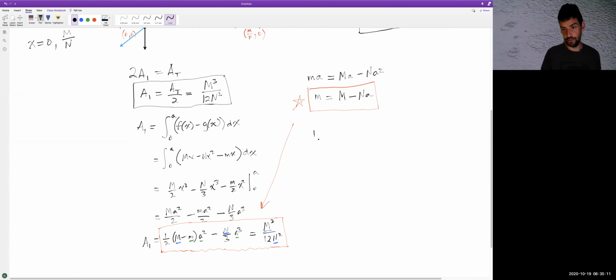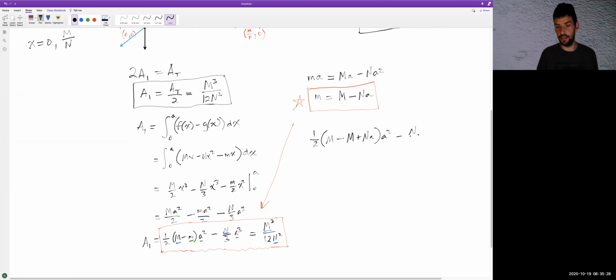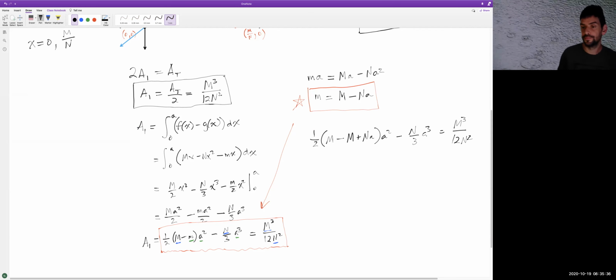We'll have 1/2 m minus, and now instead of little m, I'm going to substitute m minus na. So I'll get m plus na, since I'm subtracting, a squared minus n over 3a cubed equals m cubed over 12n squared.